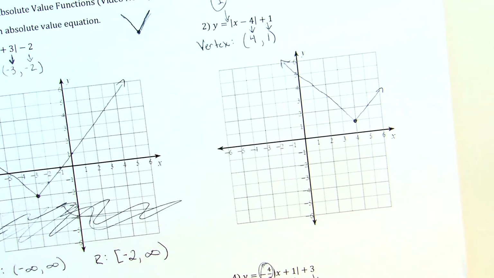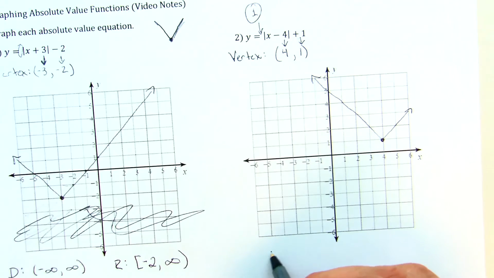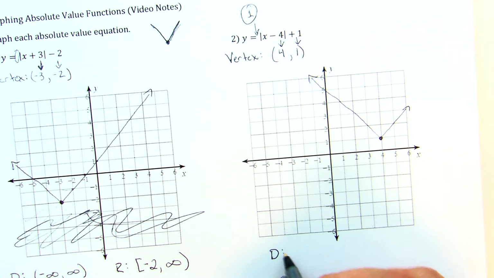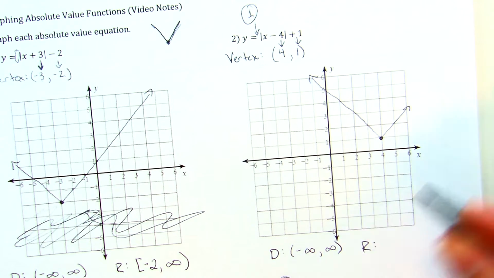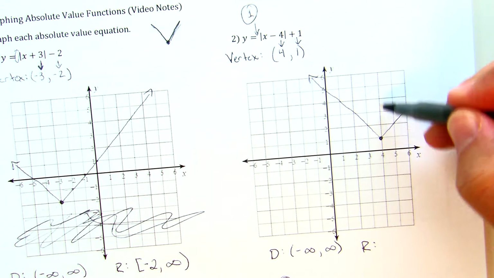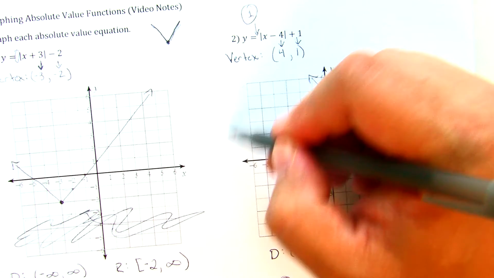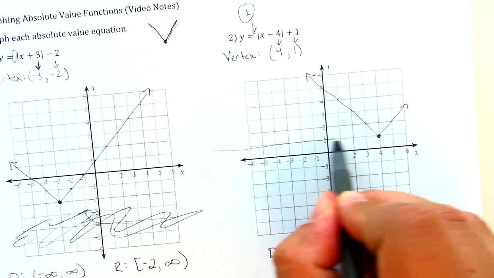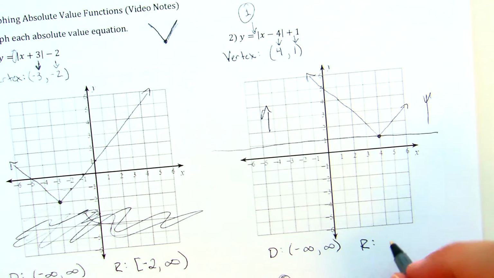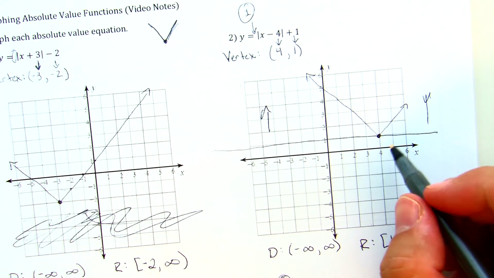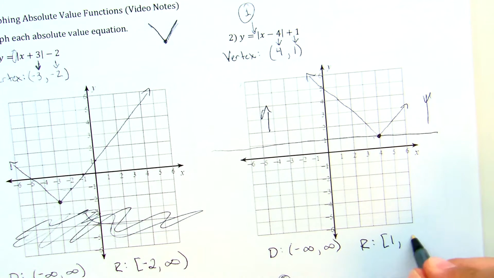Okay, let's look at this next one. The domain is going to be all real numbers, negative infinity to infinity, for every absolute value equation. The range is going to be everything from 1 up. Everything is on or above this line, going up that way. So it's going to be from 1, and it includes 1, which is why we have that square bracket there, because it does come down to 1, all the way up to infinity.